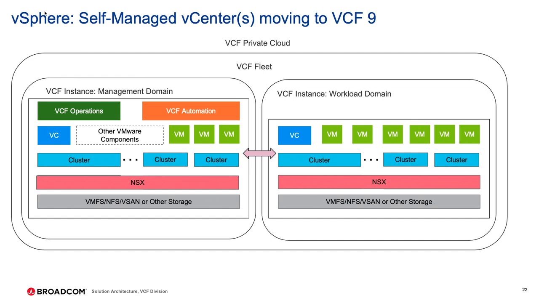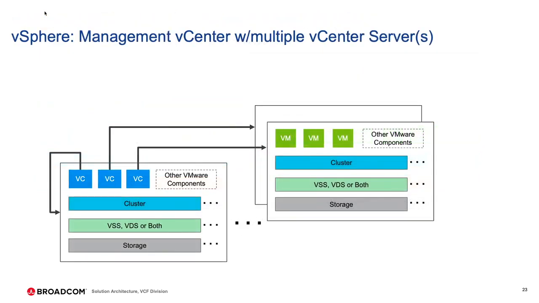So let's take a look at a similar example, but with a different topology, where you start from a topology that looks like this, where you have a management cluster where your VC is managing everything on there, but you also have other clusters on which your workloads are running, but the VCs that are managing those additional workloads are on the same one. This is analogous to what we would have called the standard architecture with VCF, but we see a lot of this even with vSphere deployments.